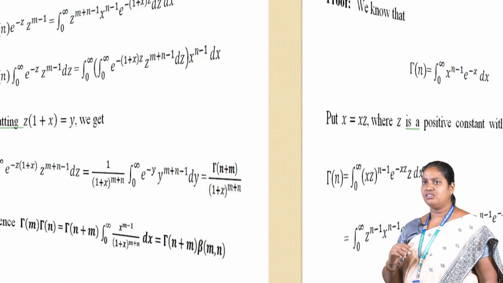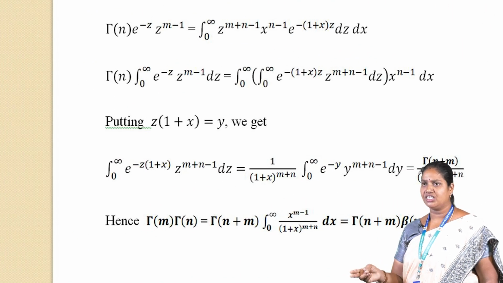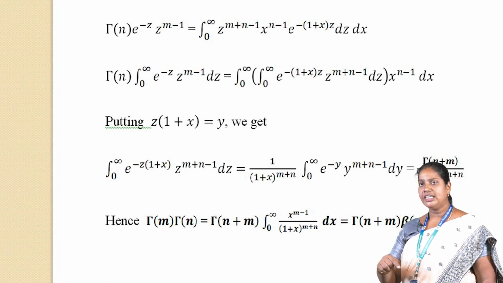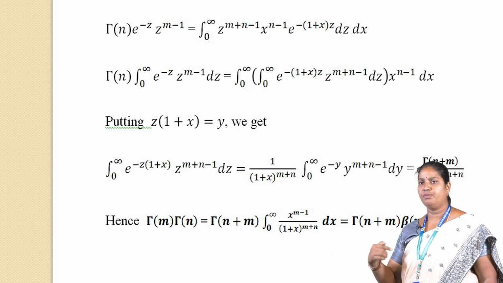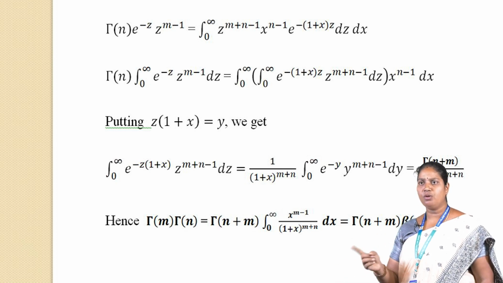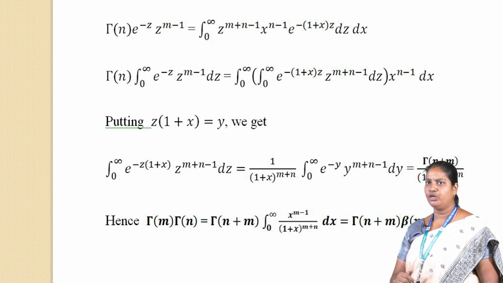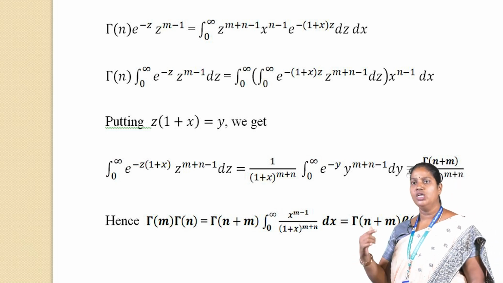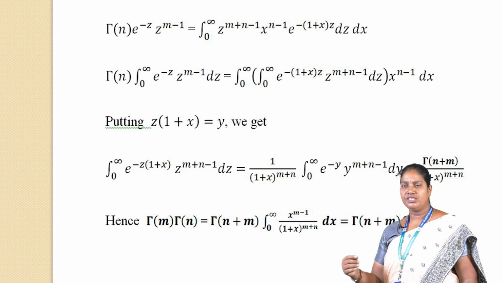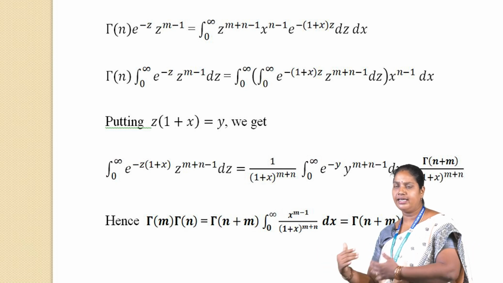So we have this term. Now next we are going to multiply both sides by the term e power minus z into z power m minus 1. If you multiply on both sides, what will we get? The left hand side will be gamma of n into e power minus z into z power m minus 1, which will be equal to the integral 0 to infinity. We are taking the term inside the integral.